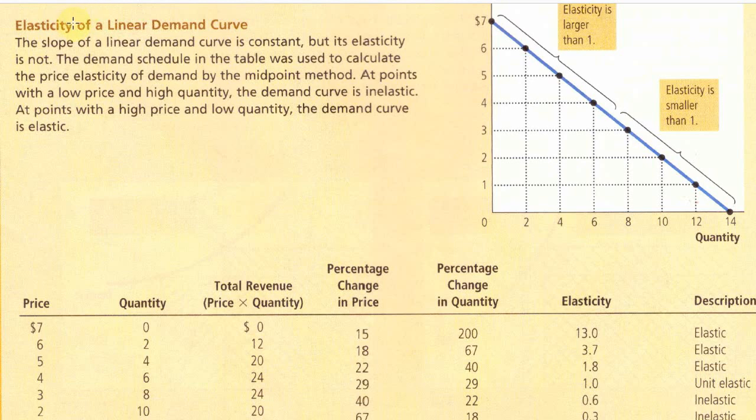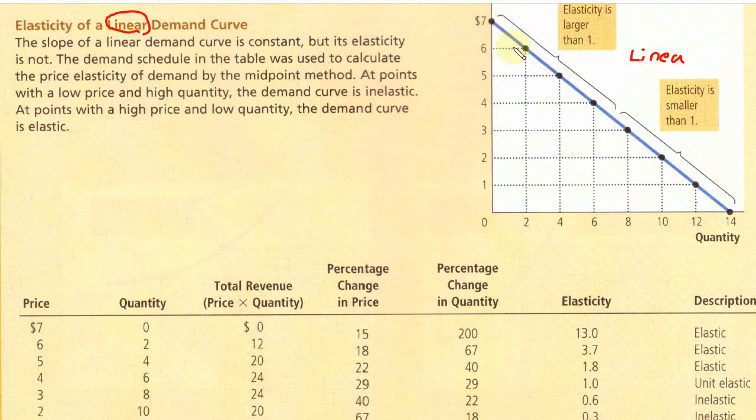Okay, so as you can see here, this graph is linear. A graph like this is called linear, not curve. The slope, this is the slope.